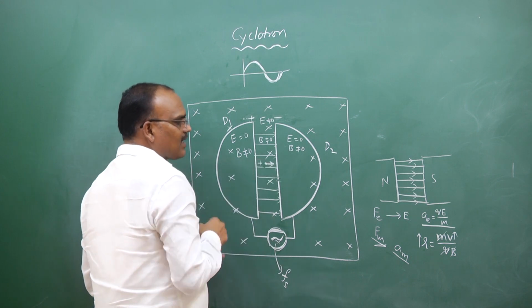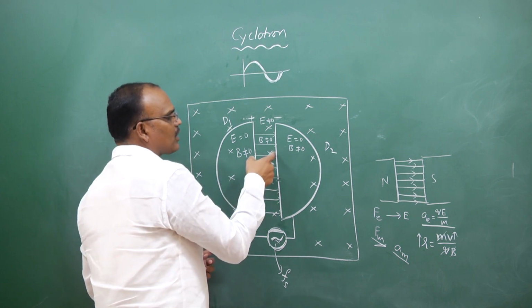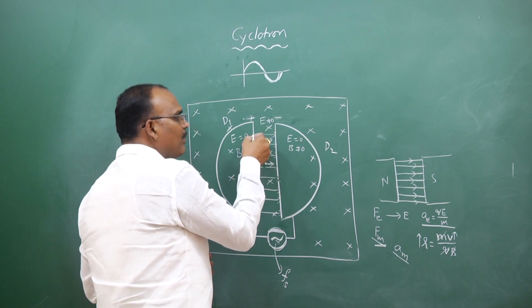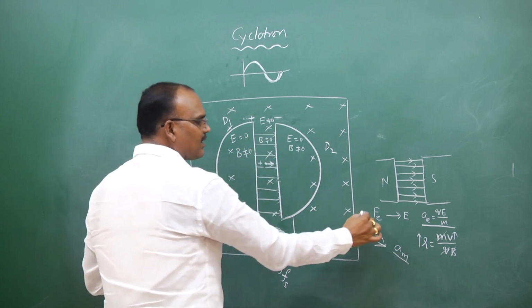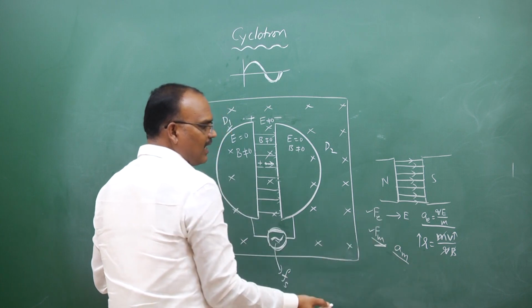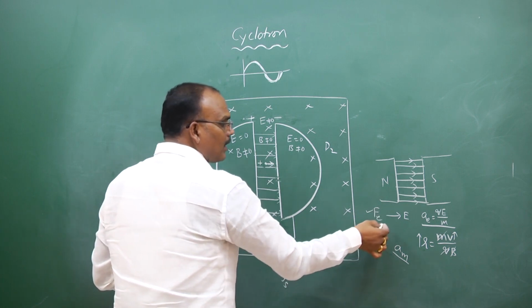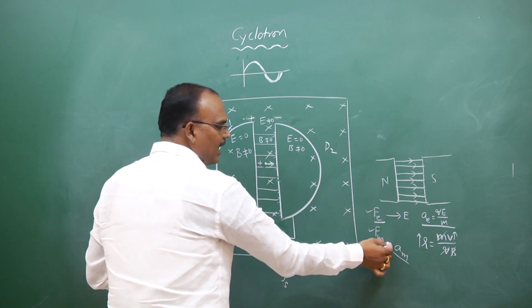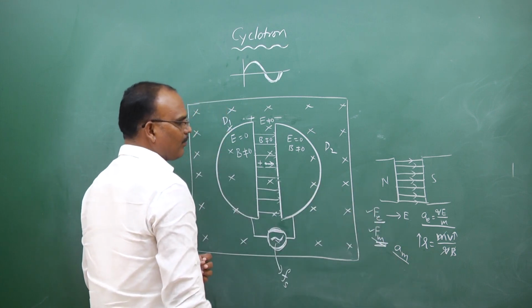So the charged particle, when it comes to motion, experiences both electric and magnetic forces. Electric force increases the speed, magnetic force changes the direction. So even though the charged particle between the D's experiences both electric and magnetic fields, the speed increases due to electric, and magnetic changes the direction.